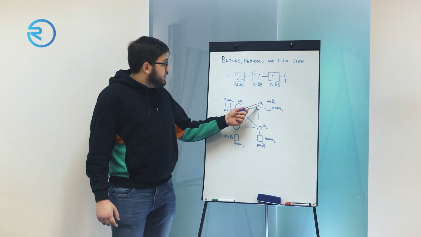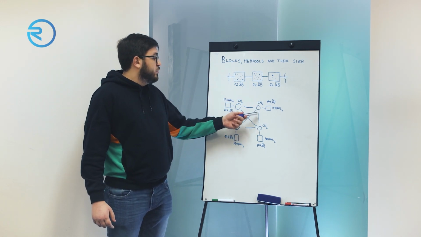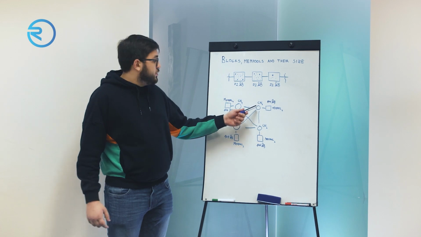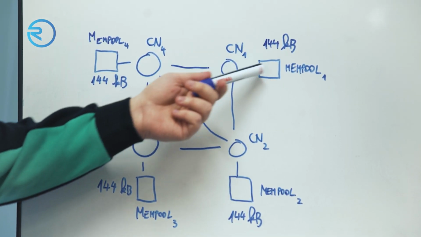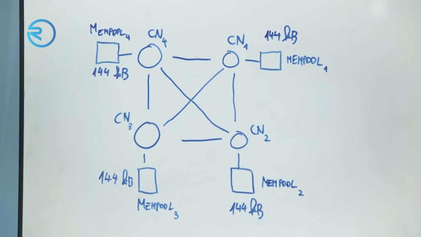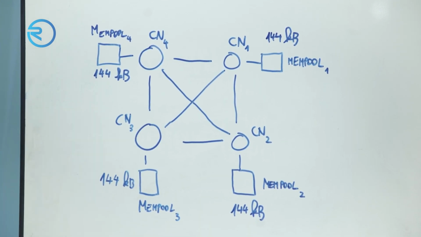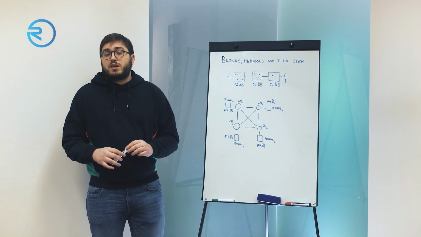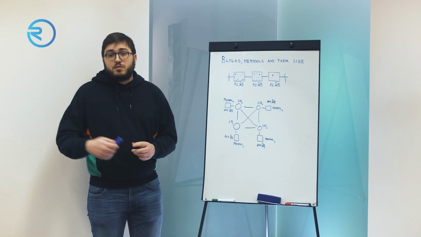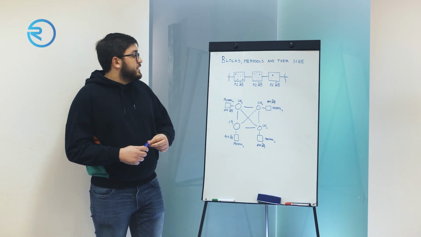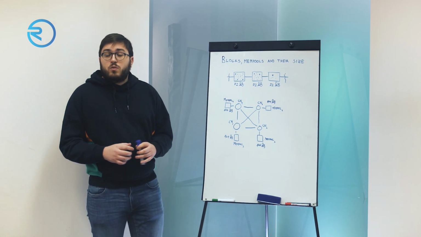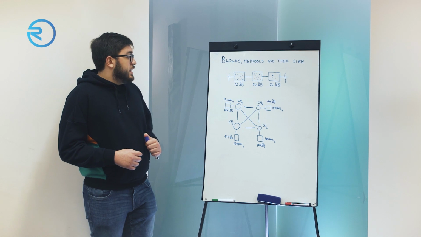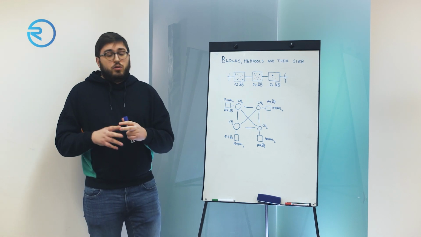As you can see here, I have drawn 4 Cardano nodes, 1, 2, 3, and 4, represented by these circles, and each has its own mempool. Mempools on Cardano are twice the size of the block. So if the block is 72 kilobytes, then the mempool will have 144 kilobytes for each full node.